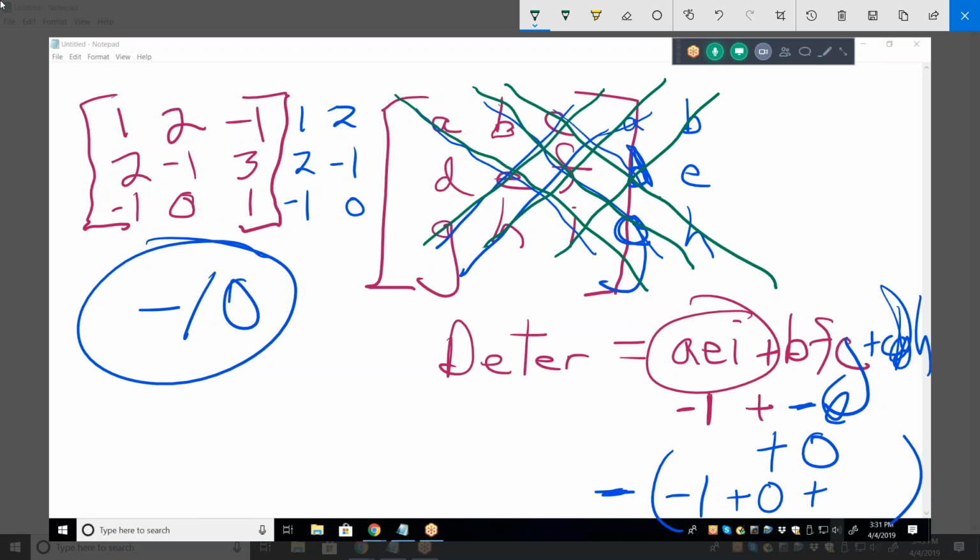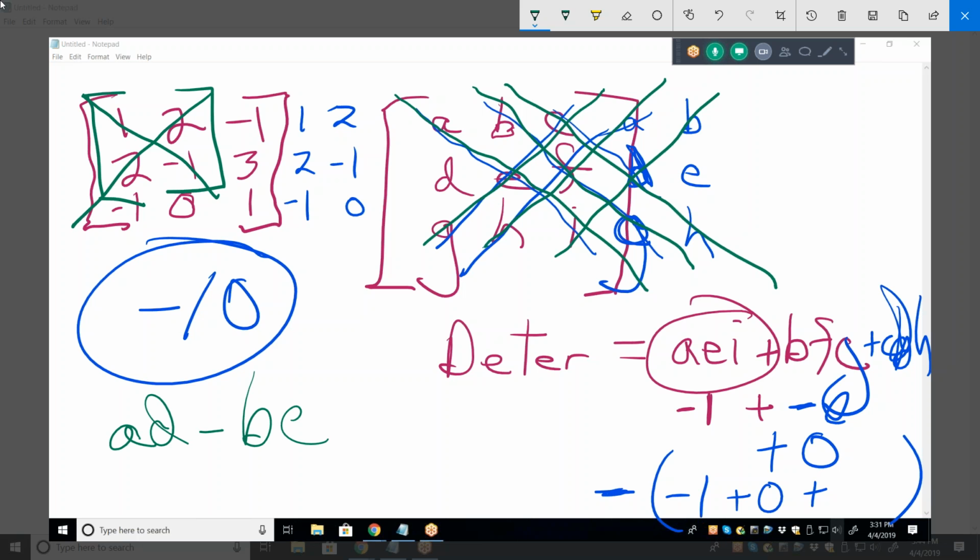Notice that this works for a 2x2 also. In other words, if I have a 2x2, what am I going to do? I'm going to multiply that, and I'm going to subtract that. Yes, the ones with the negative slope are what you're multiplying together all the time. The ones with the positive slope are what's being subtracted. In other words, it's AD minus BC for a 2x2.